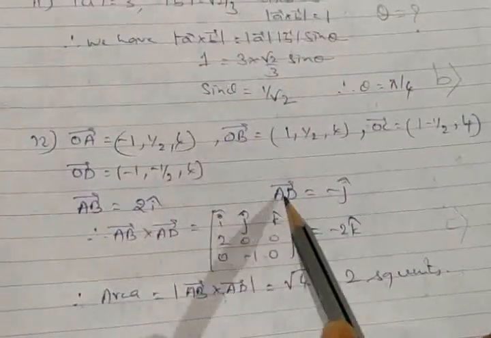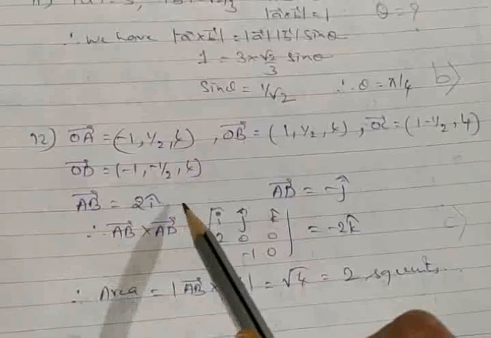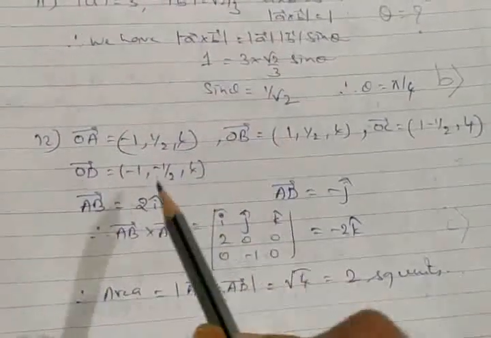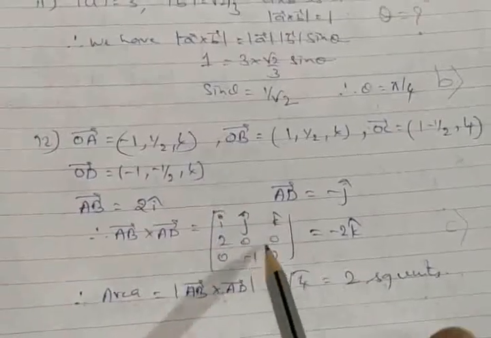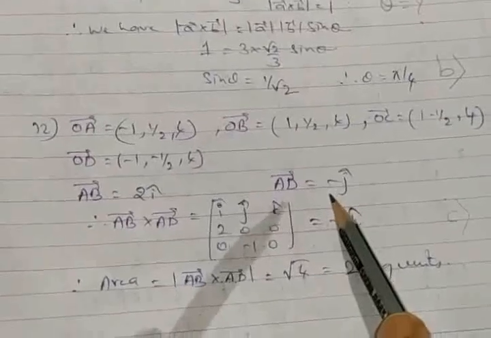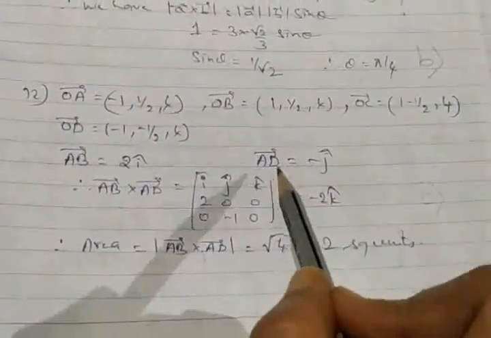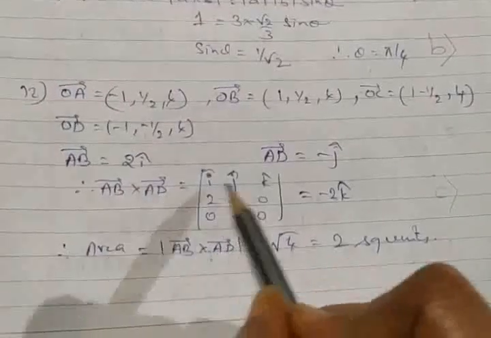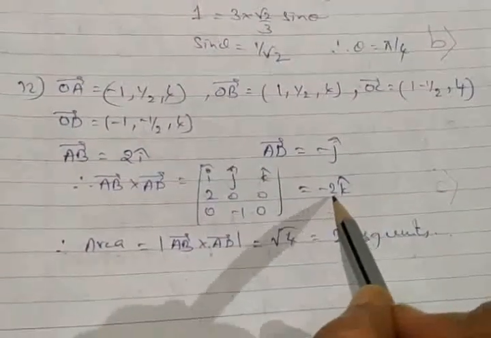Be careful: BC also can be considered here, whereas I have taken AB as well as AD. Two adjacent sides are taken. There is no harm in taking AB as well as BC also. They are representing two adjacent sides of a parallelogram or rectangle in this case. So I went for AB cross AD, the cross product here. We have i, j, k, and I conclude the answer by saying it's minus 2k.